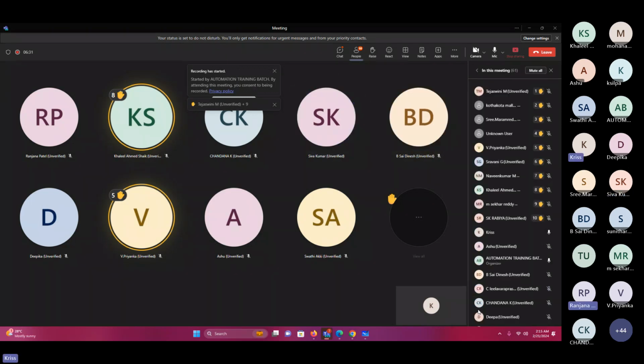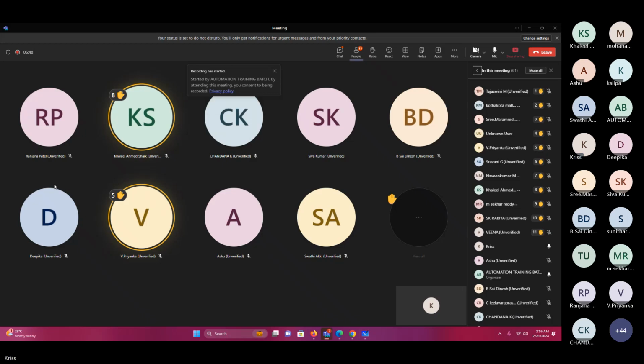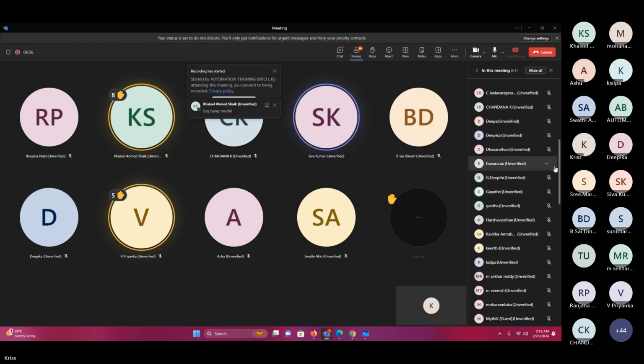Ishwar Rao, what are the other models missing over here? Prototype model. Okay, prototype. Next. Shaker, M Shaker.